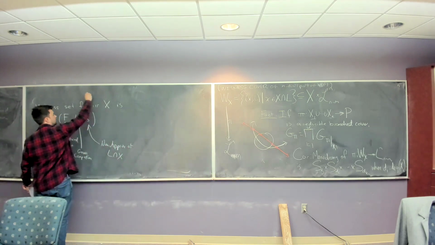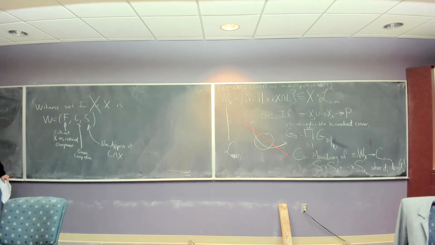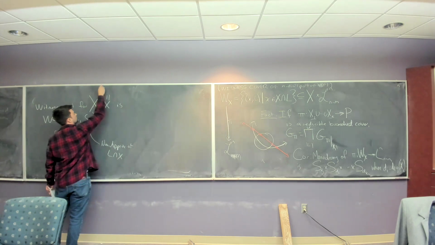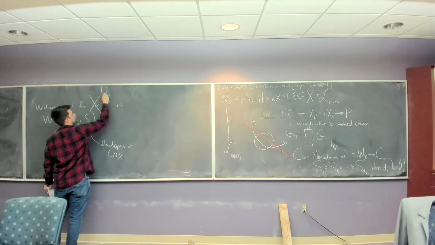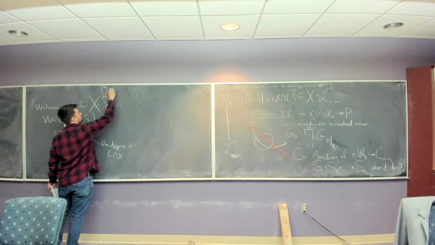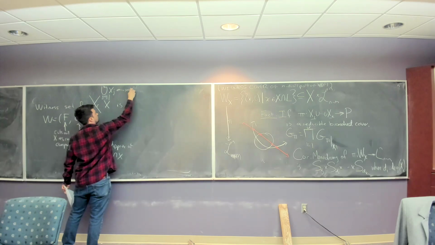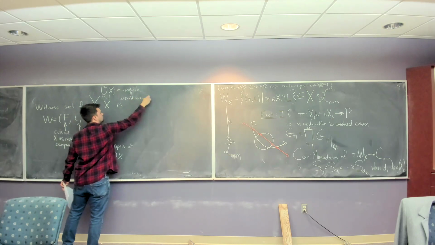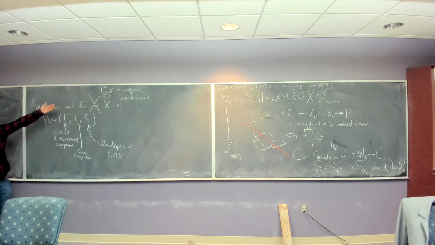And if I kill "irreducible" here, and replace it with X being the union of reduced irreducible components of the same dimension, then the definition of witness set doesn't change.